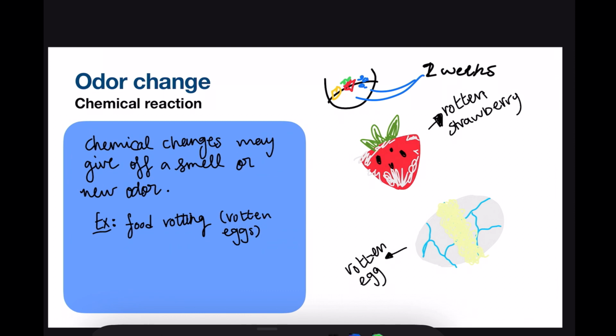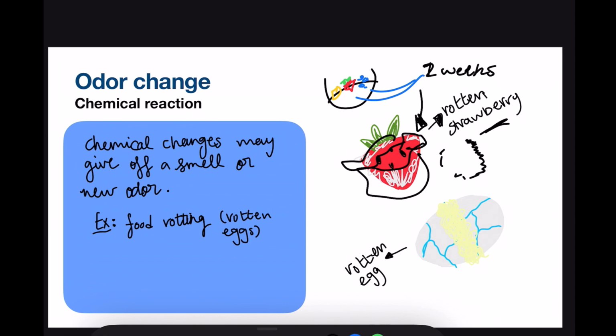And then one week, you say, I want to go eat some strawberries. And then you find out that this has happened to the strawberries. This is all mold, strawberry mold. It's like white stuff that began to form around the strawberry. And then, this is a rotten strawberry.